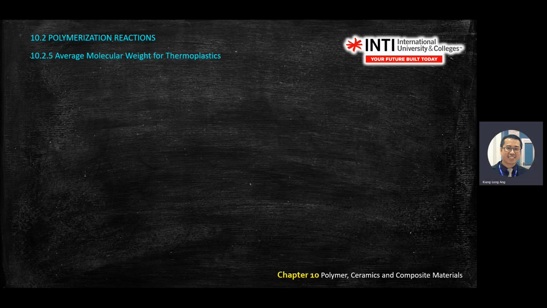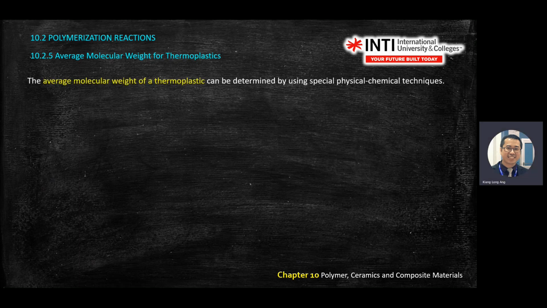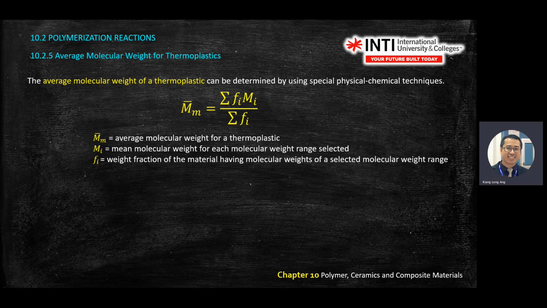Okay, I think 2 more slides, then we stop. Thermoplastics. So how do you get the average molecular weight for thermoplastics? You take the sum of the weight fraction multiplied by the individual molecular weight, divided by the sum of the fraction.